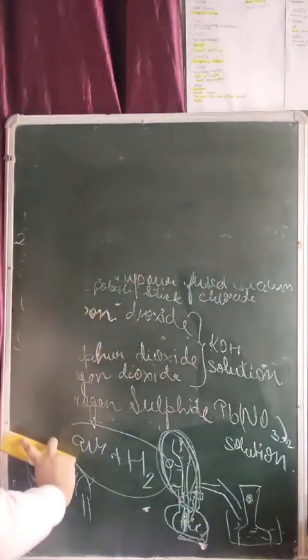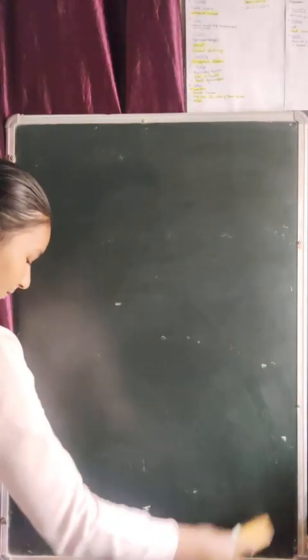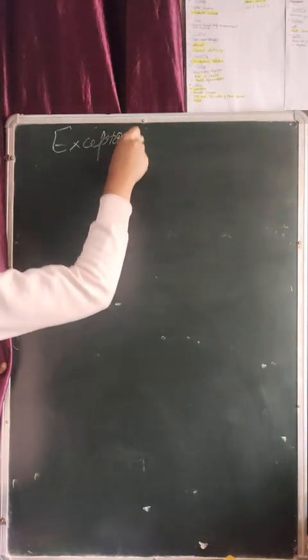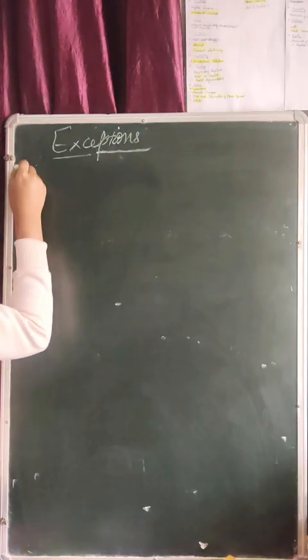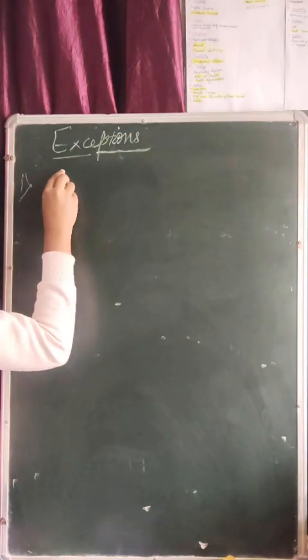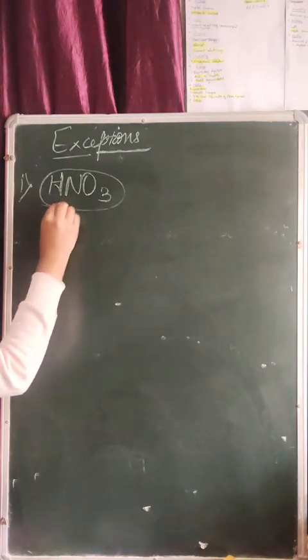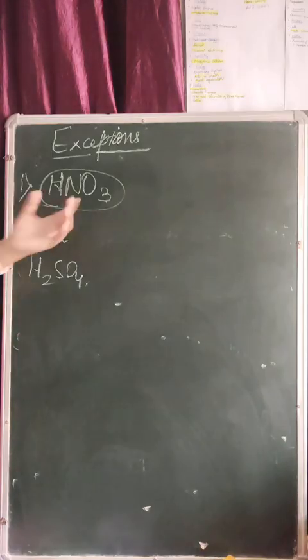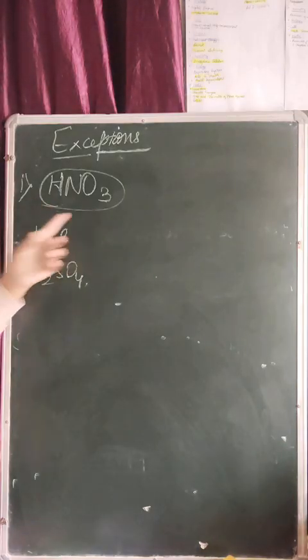You'll see the exceptions now. Exceptions. First is nitric acid, HNO3. If we take any metal, now this is also a dilute acid like HCl and H2SO4, but still it is not used for the preparation of hydrogen.